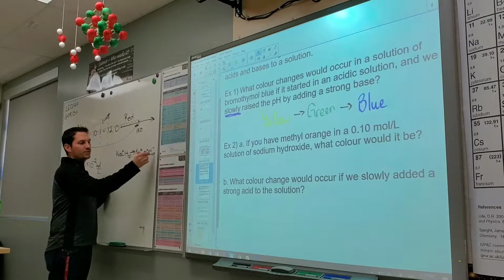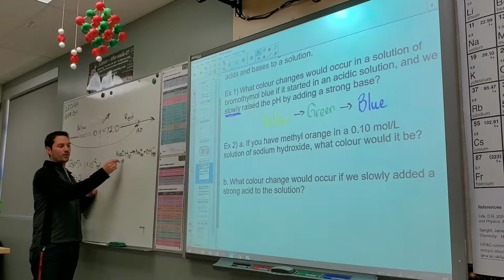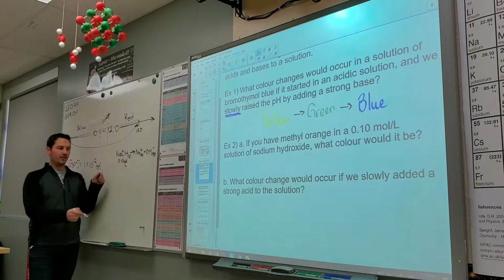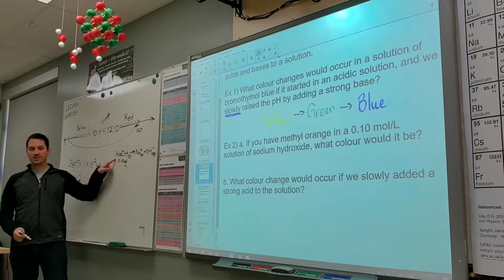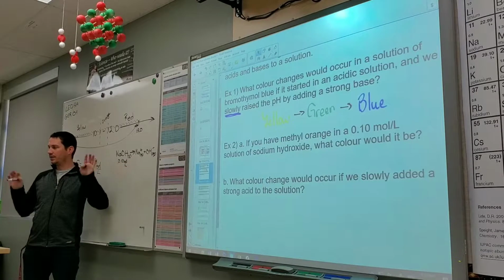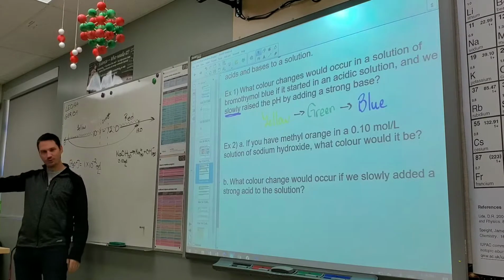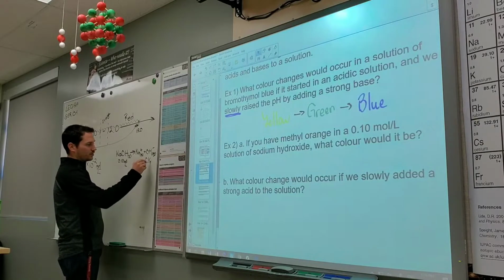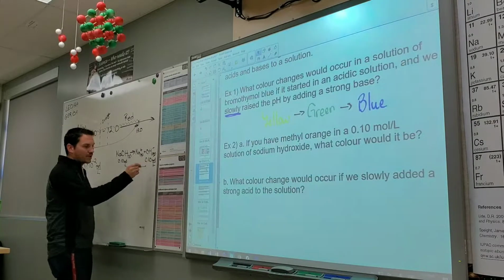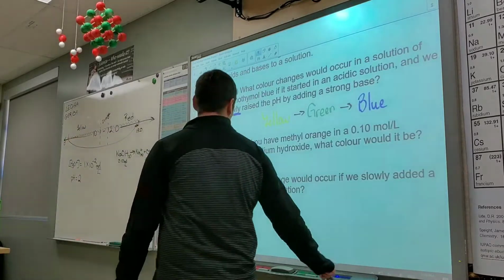Now, don't freak out if you have 0.10 mole per liter of this. What's the concentration of hydroxide ions? The exact same concentration, right? We're okay with that? Okay, awesome. We found our hydroxide concentration.